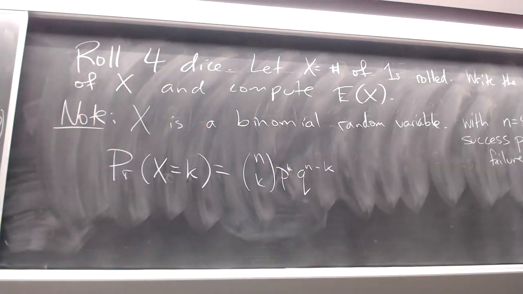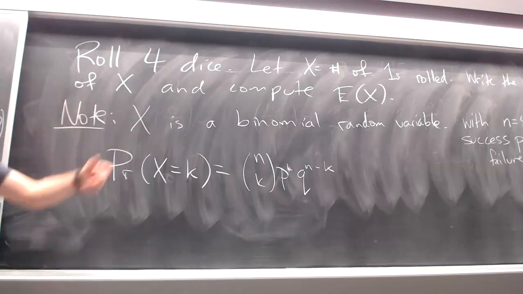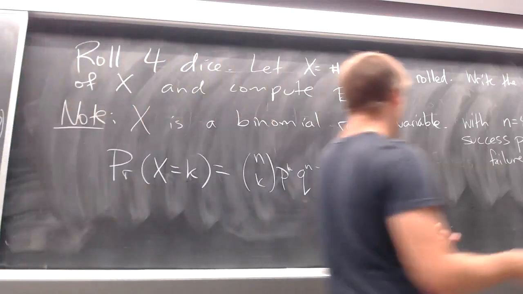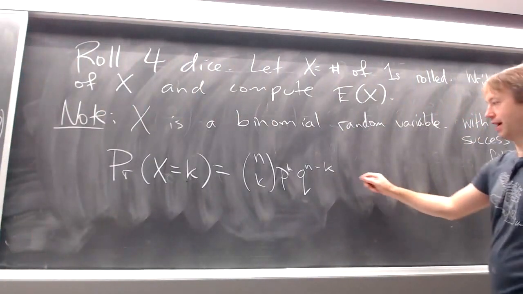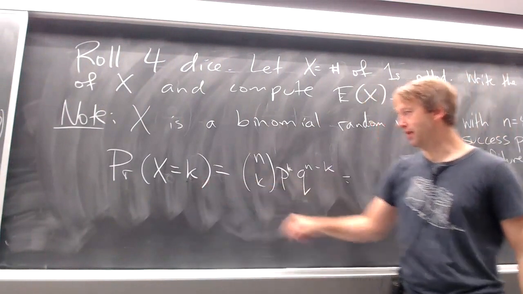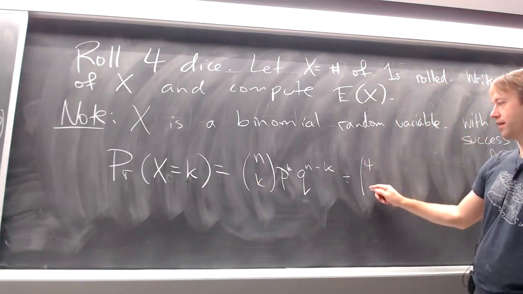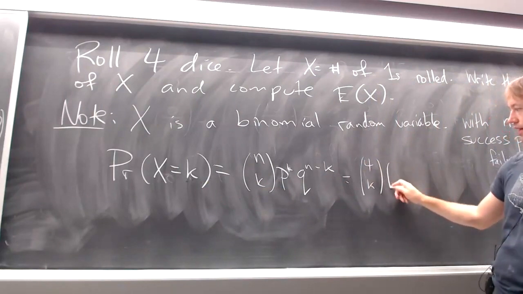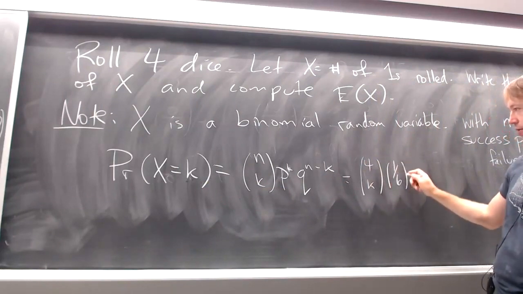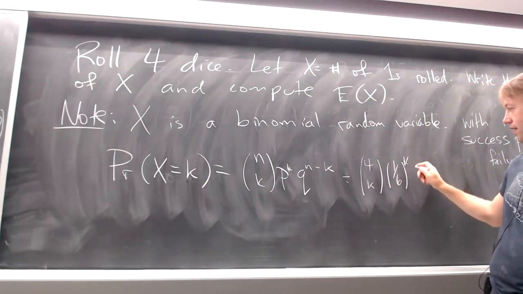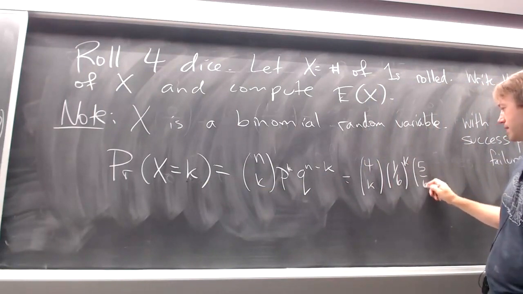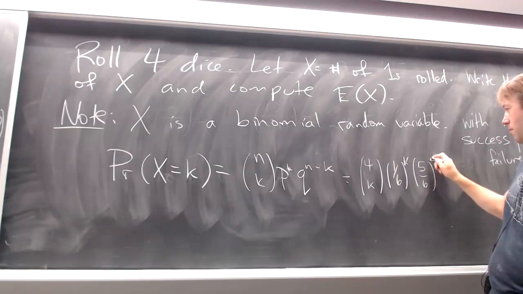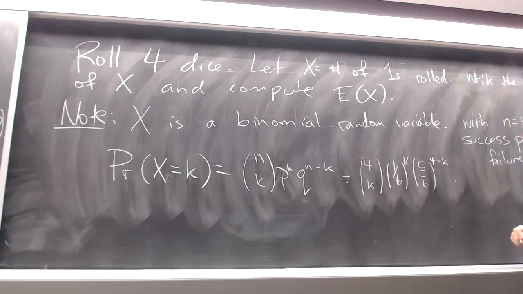So you got n choose k, p to the k, q to the n minus k. And then we can just plug our numbers in here, right? I don't know what k is, but I know n is 4. So I got 4 choose k, 1 over 6 to the power k, and then 5 over 6 to the power of 4 minus k.